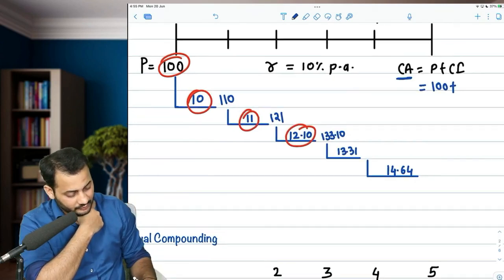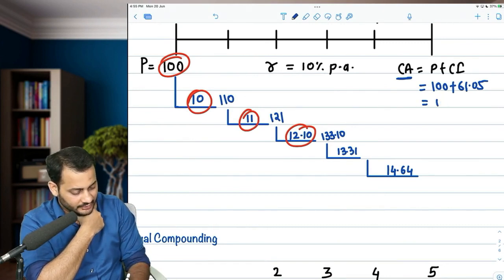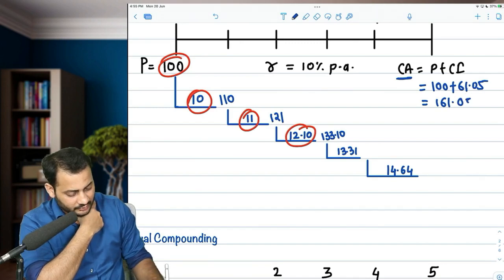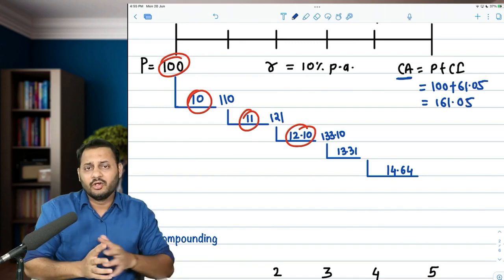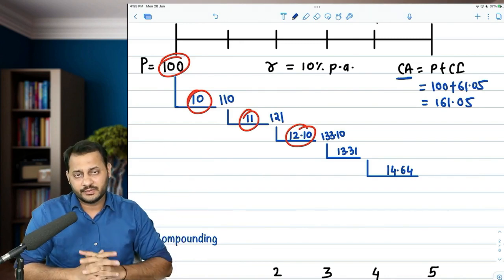So 61.05. The compound amount at the end of 5 years that you will receive is 161.05.